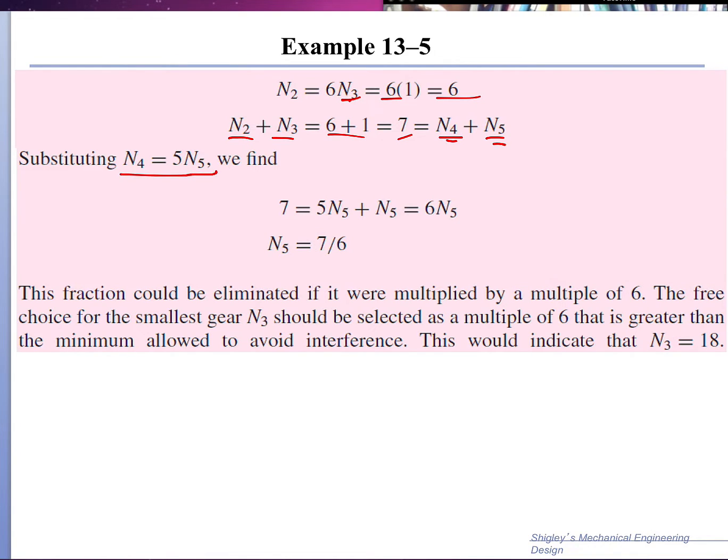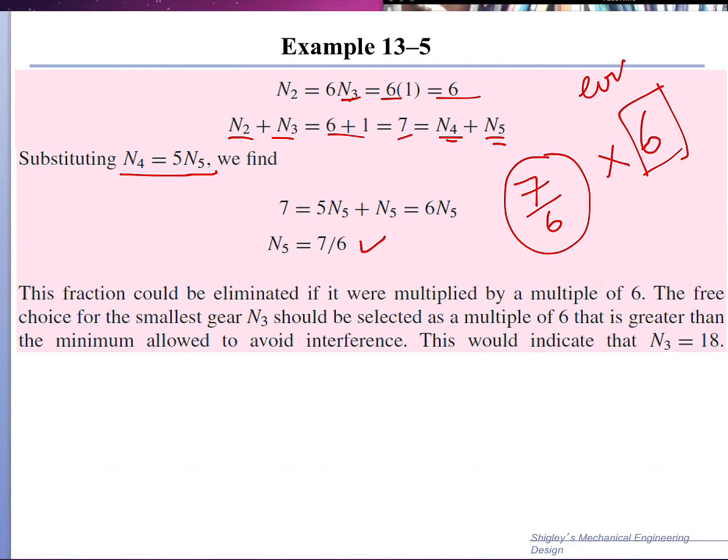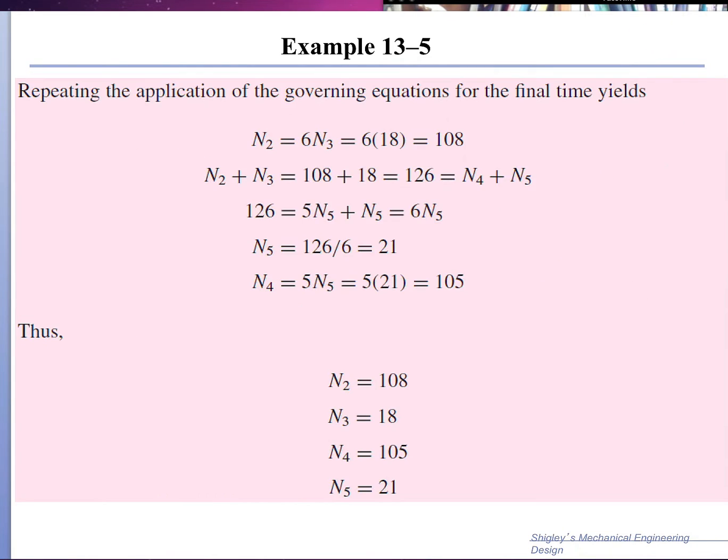Since we know the gear ratio for the second stage is 5, we can find N5. N5 turned out to be 7 over 6. So in order for us to get N5 to be exactly 7, we have to multiply by 6. Therefore, if we multiply everything by 6, our system will have an integer number of teeth on every gear that we have designed. And that's exactly what we did here.